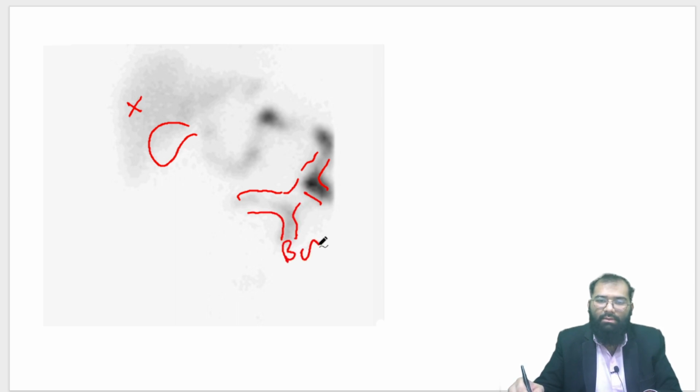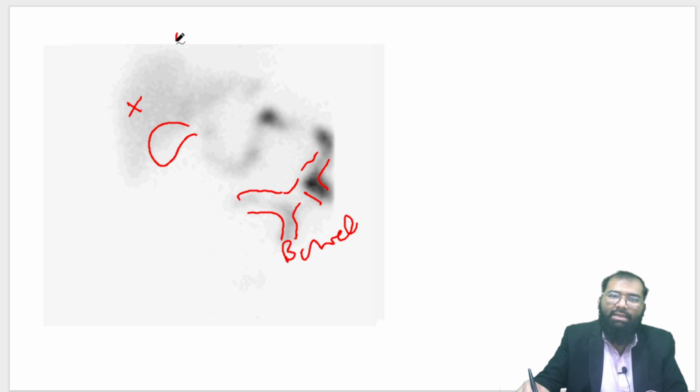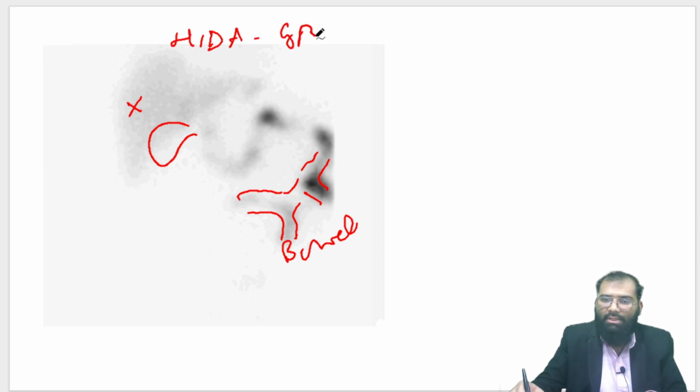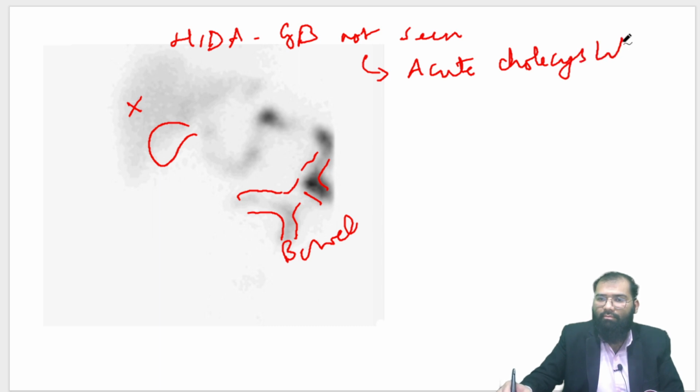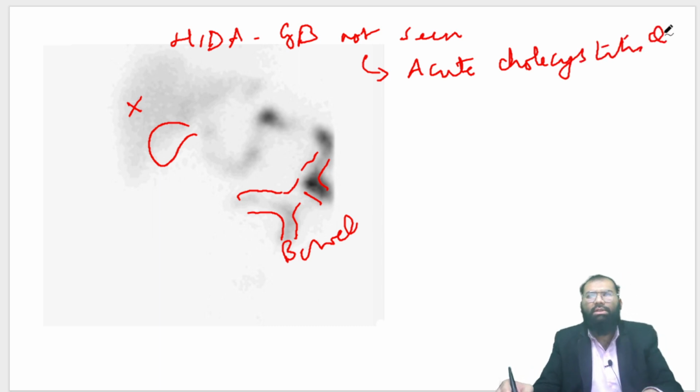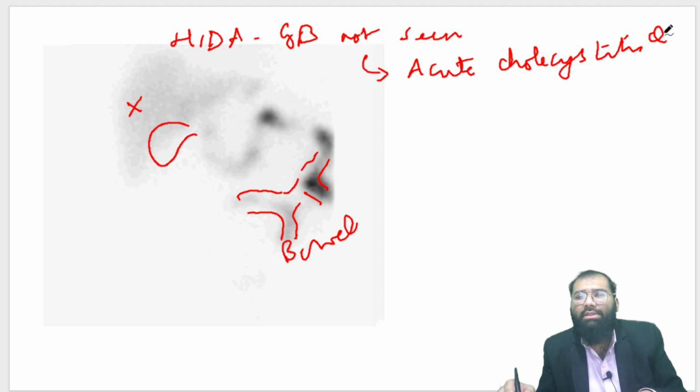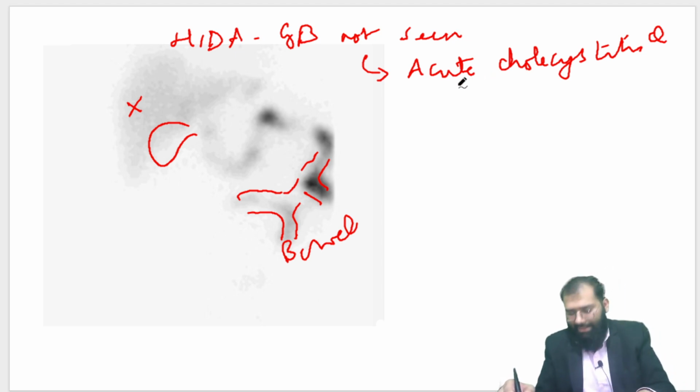So on HIDA scan, GB not seen is a very important sign of acute cholecystitis. This question was asked in recent NEET, where GB is not seen in case of acute cholecystitis.